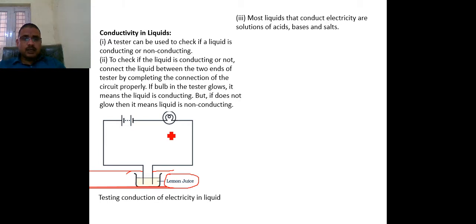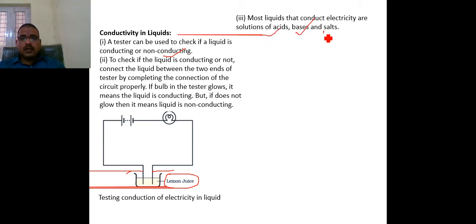A tester can be used to check if a liquid is a conductor or non-conducting. You can see, to check if the liquid is a conductor or not, connect the liquid between the two ends of the tester as given in the figure. Most liquids that conduct electricity are solutions of acid, base, and salt.